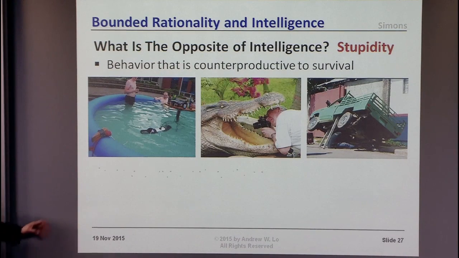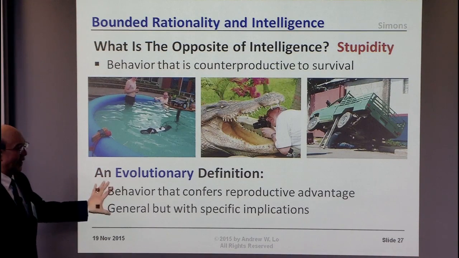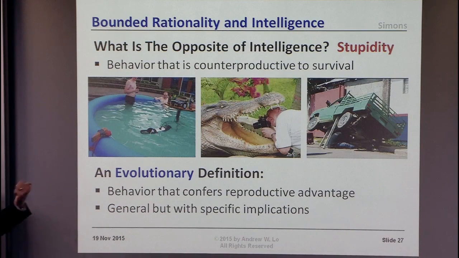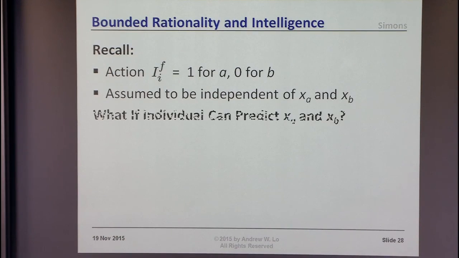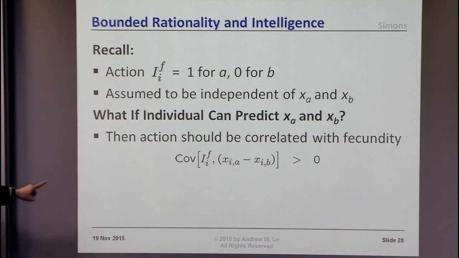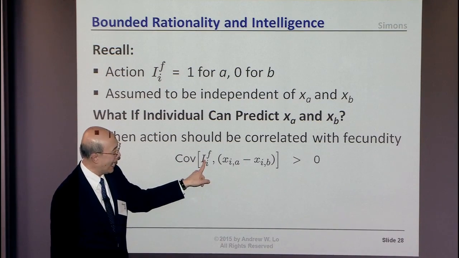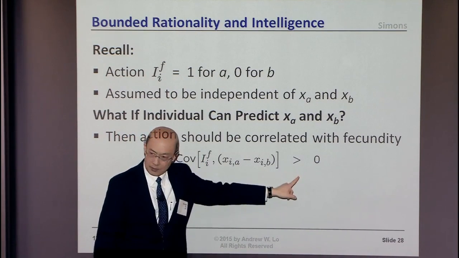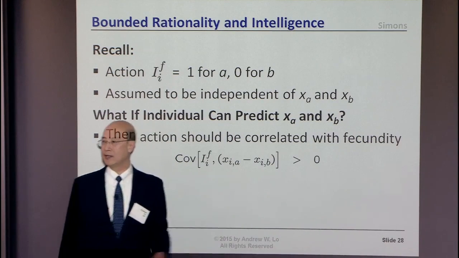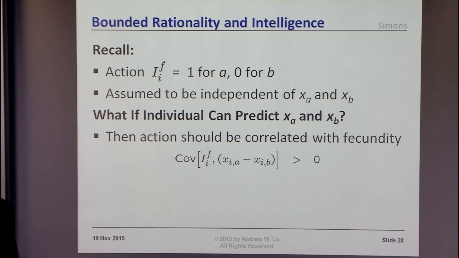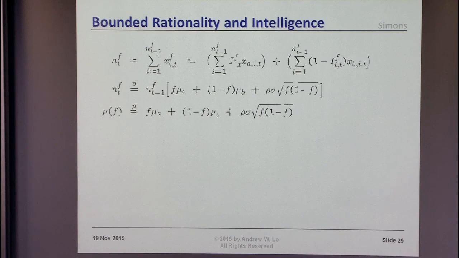So if that's what we mean by intelligence, that is, it gives you a reproductive advantage, we can actually incorporate that in our model very simply. If we allow covariance between our actions and the outcomes to be greater than 0, that's intelligence right there. It gives you a reproductive success, an advantage. And so it turns out that you can actually analyze that in the context of the model, where you basically have correlation now between your action and the outcomes.